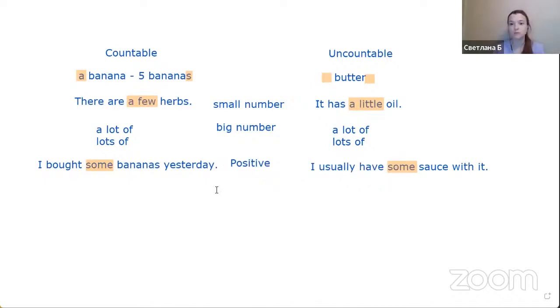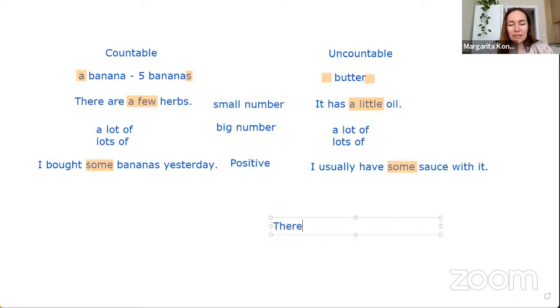No, I don't remember. Maybe I do. One moment, we had an example: there isn't any sugar in it. There isn't any sugar. Yeah?